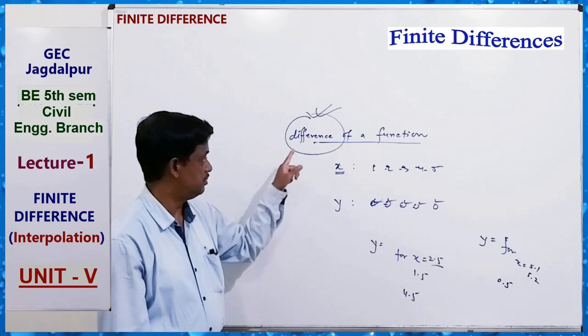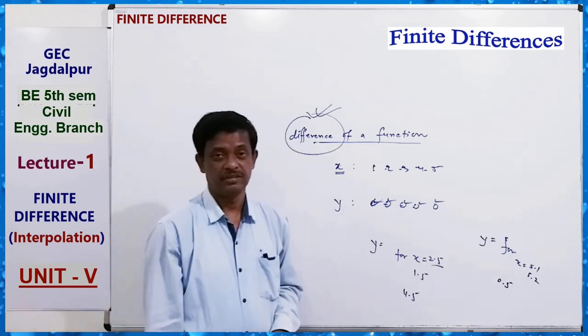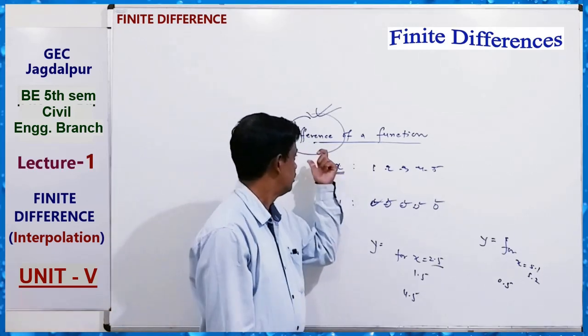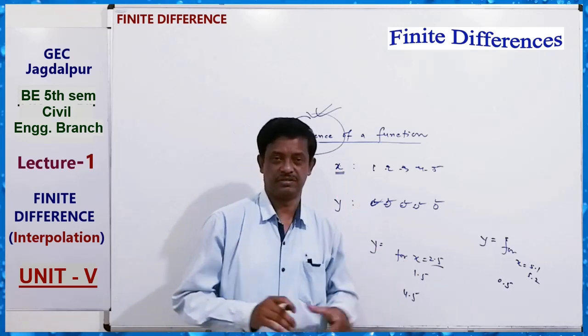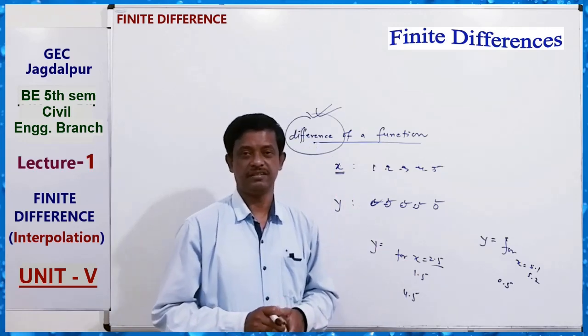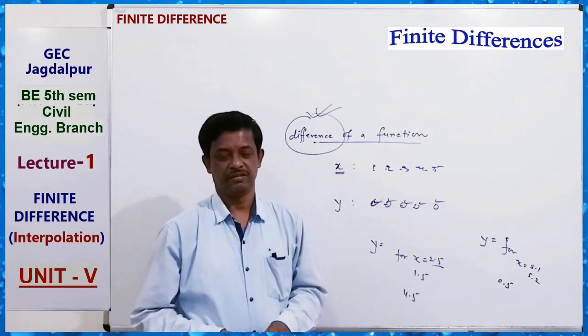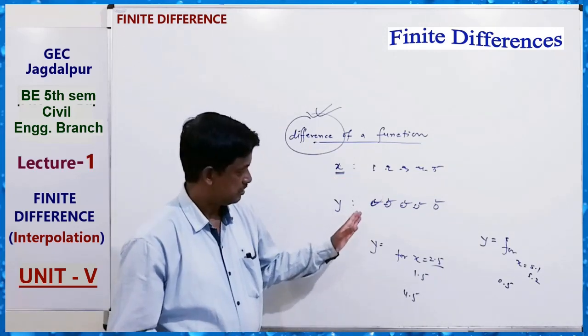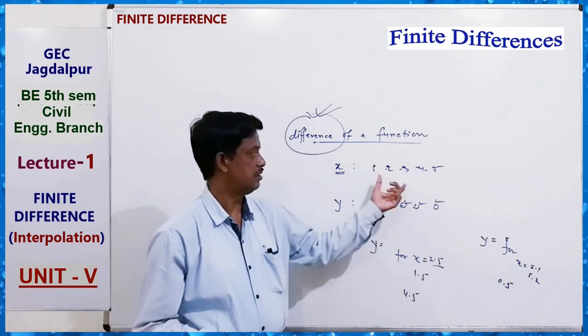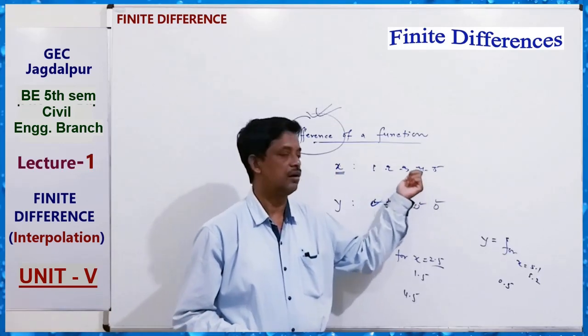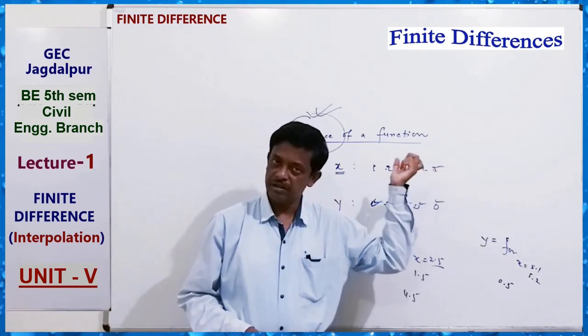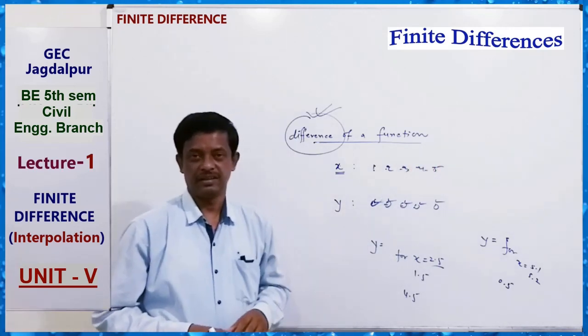By using this difference, we can get some formulas for finding values of y for a value of x which lies in the inner or outer part of the range of values of x.